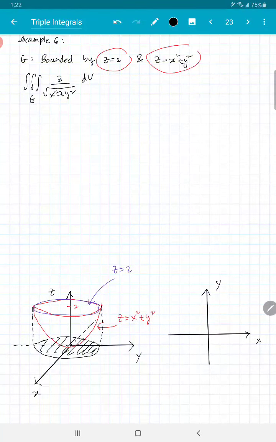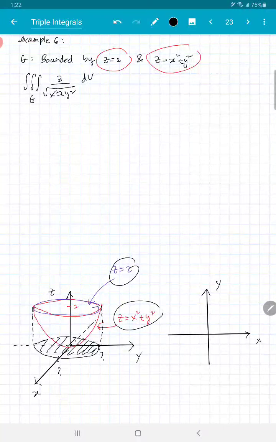Now we need to figure out the radius of the circle. The radius of the circle would be the same length as this one here, which is where these two surfaces intersect.